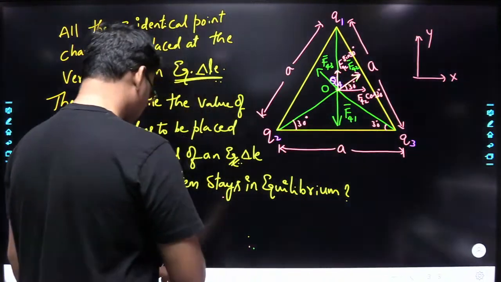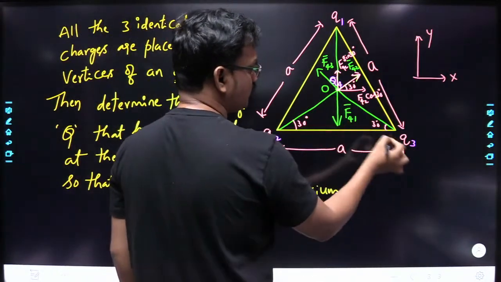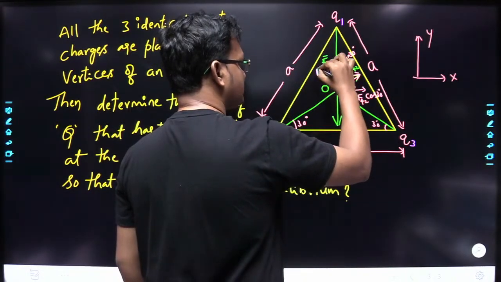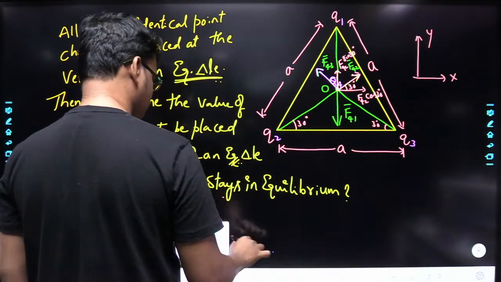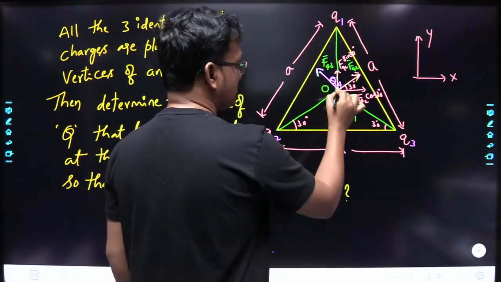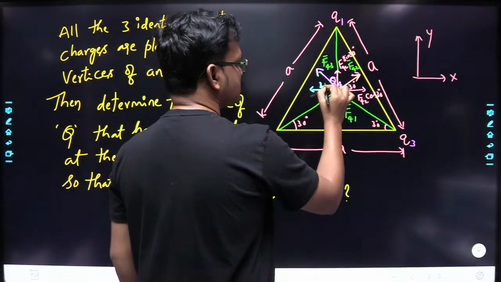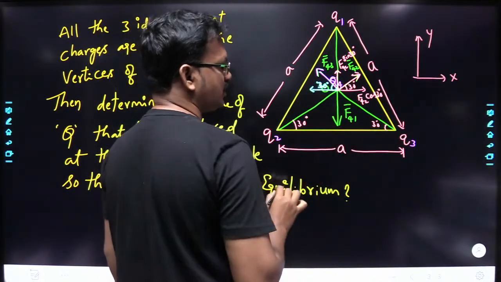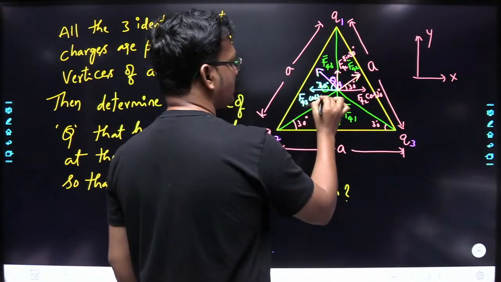Now similarly, the force on 4 due to 3 is pointing in this direction. If I split this F43 into two components, one is along the x direction. This angle is also 30 degrees, so this will become F43 cos 30 degrees.